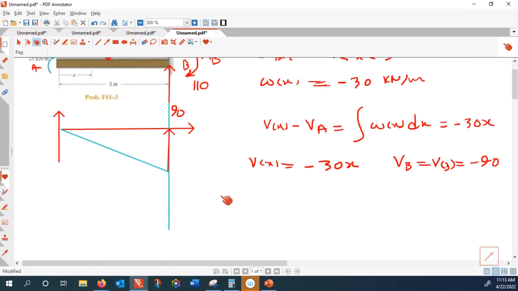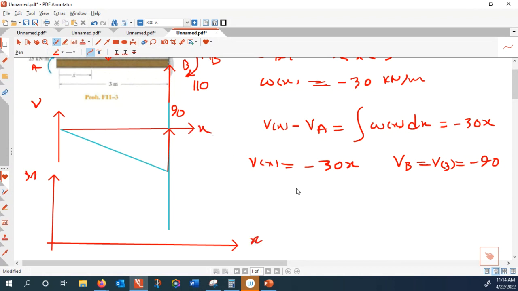The next is to find out the bending moment diagram. So this is V and this is M. So equation, this is something you have to memorize.